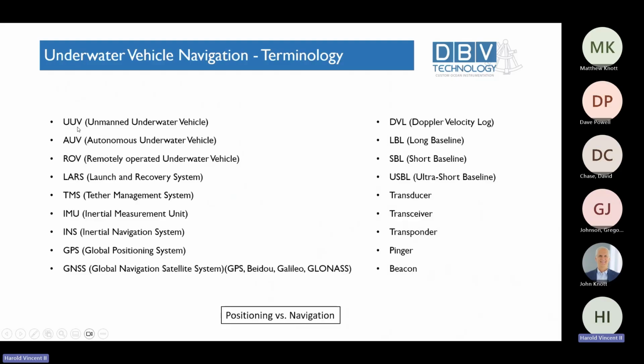And the UUVs have two broad categories. There's AUVs, autonomous underwater vehicles, and ROVs, or remotely operated underwater vehicles.